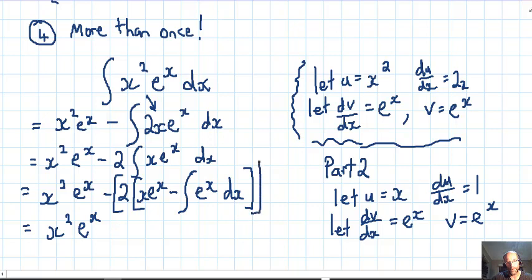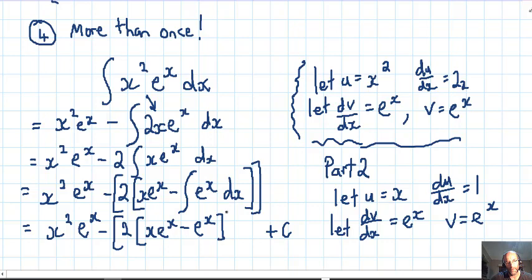So it's x squared e to the x, minus 2 x e to the x, and the integral is just e to the x. I'm going to put plus c out in the cold.